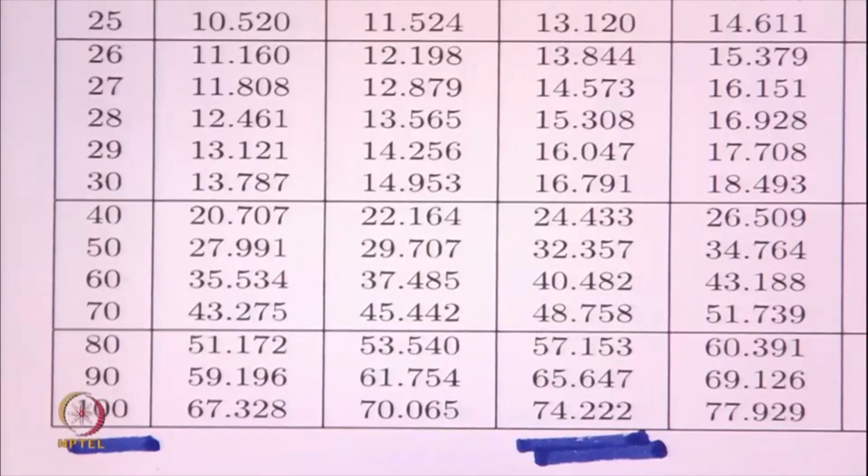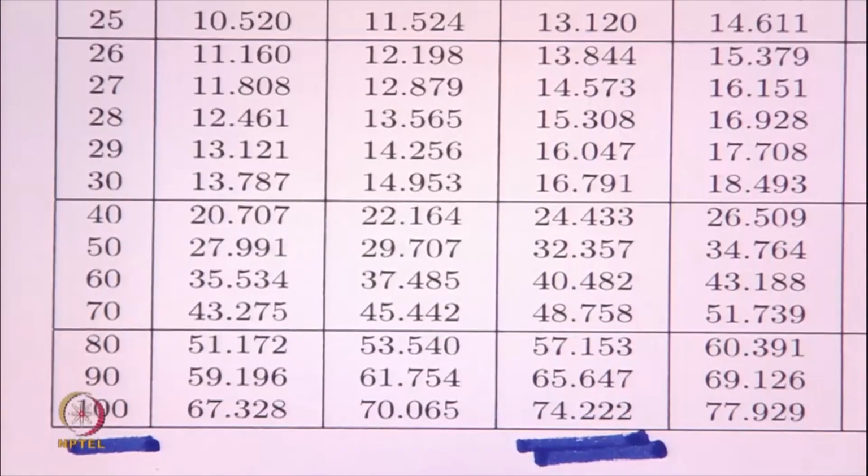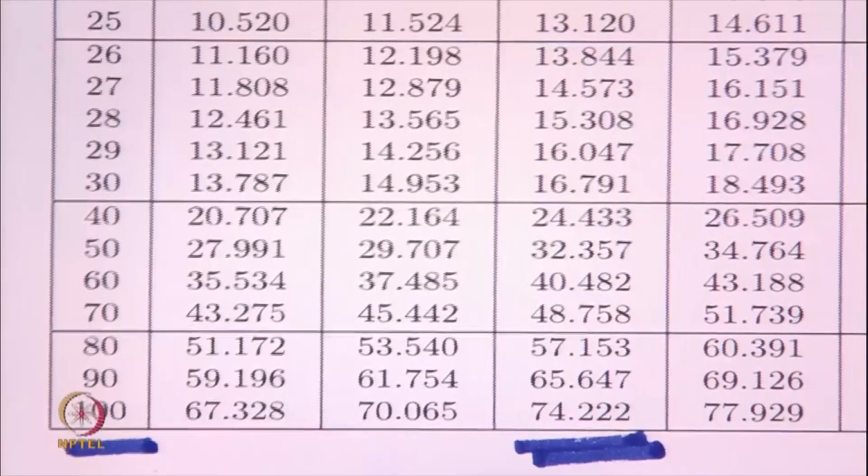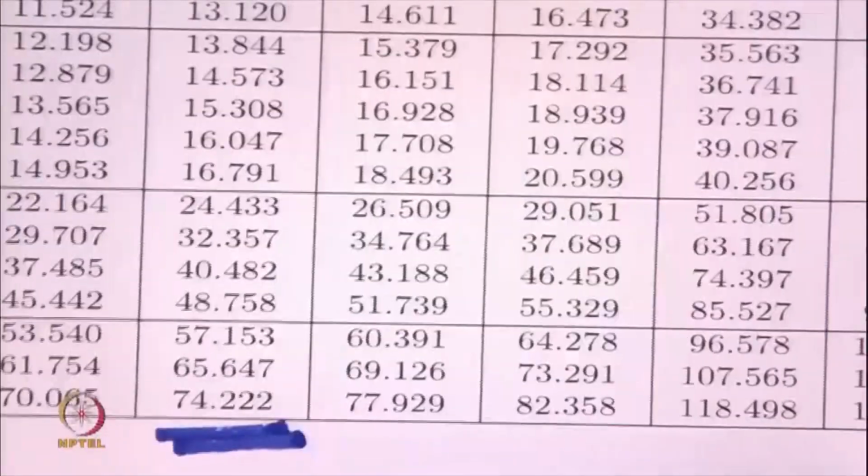That means a chi-square with 100 degrees of freedom will take a value greater than or equal to 74.22 with probability 0.975, or in 97.5 cases out of 100.